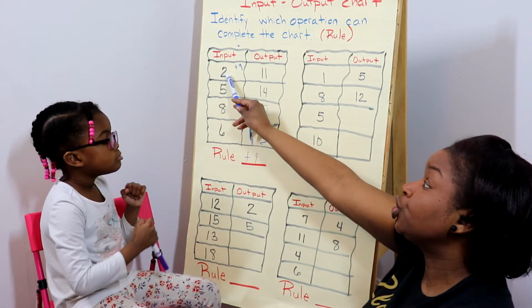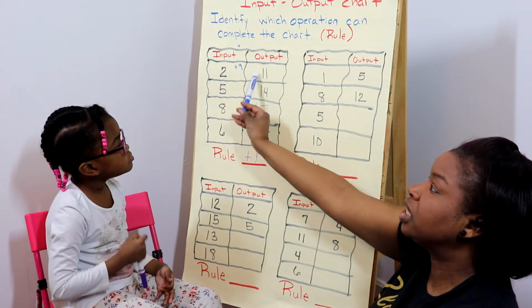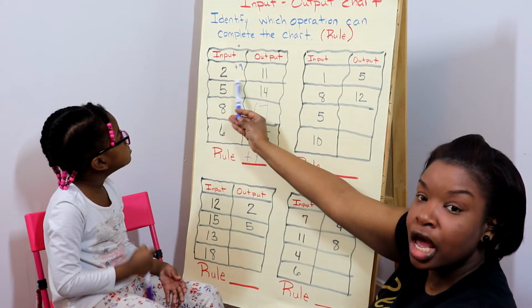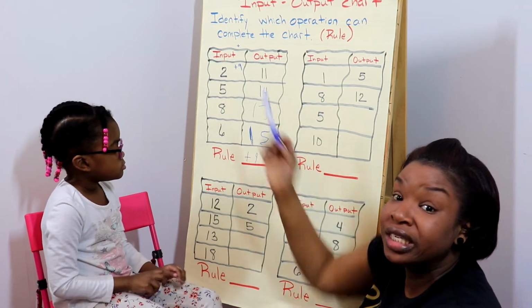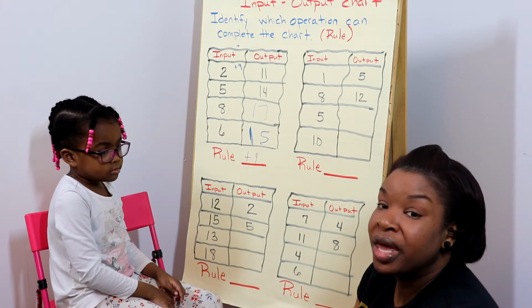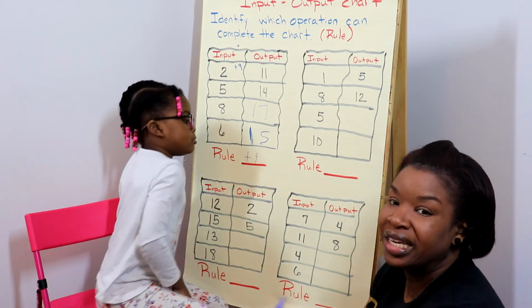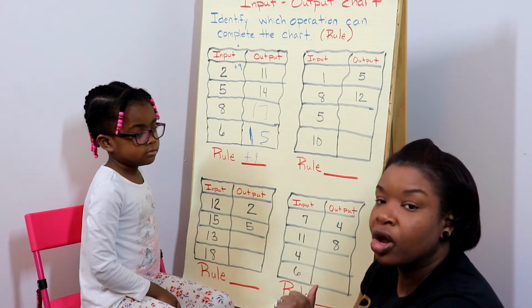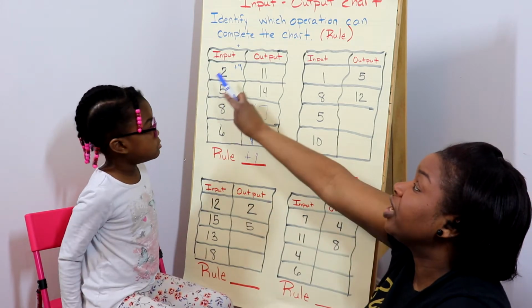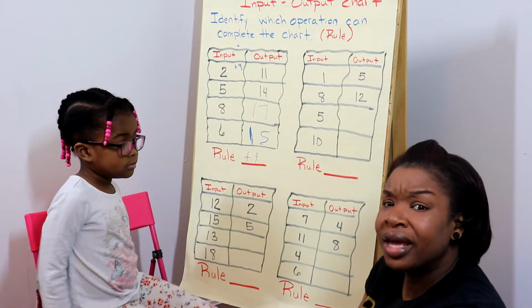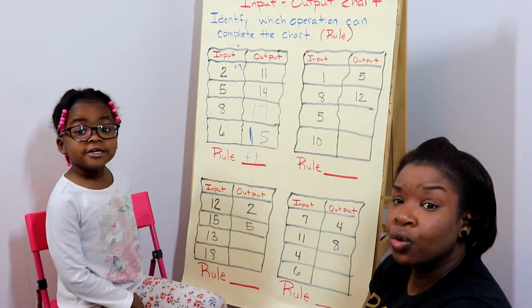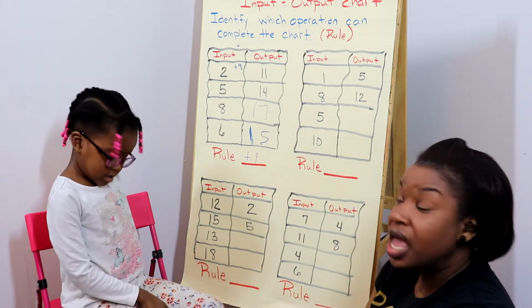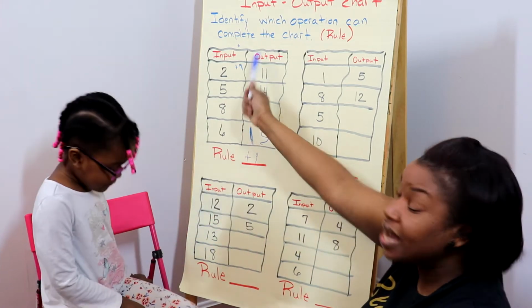We know that 2 is smaller than 11, so it's getting larger. Then we had to figure out what operation can make 2 larger and get to 11. In this case, it's addition because she's not working on multiplication yet. So if it's addition, what number can we add to 2 to get to 11? We figured out that was 9.